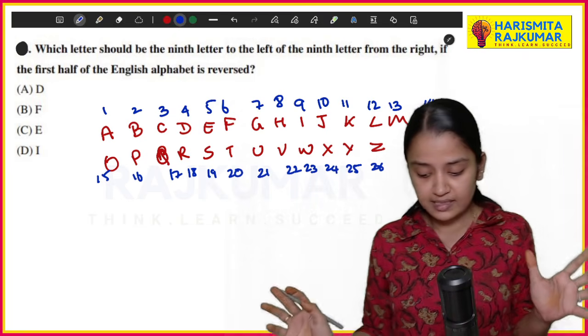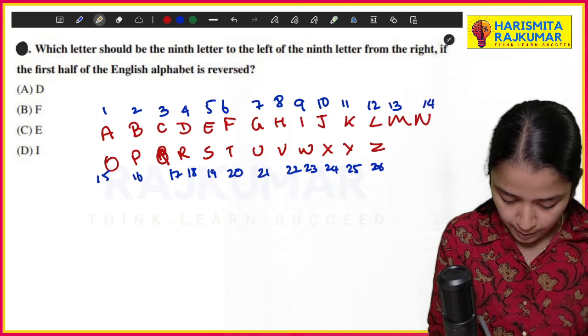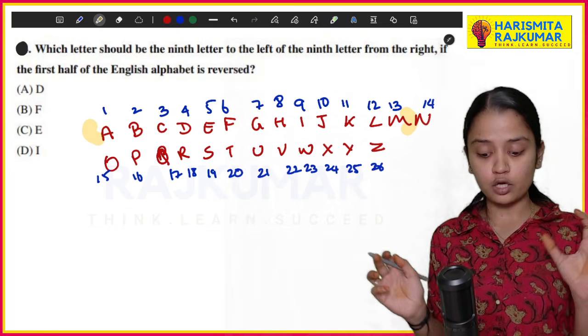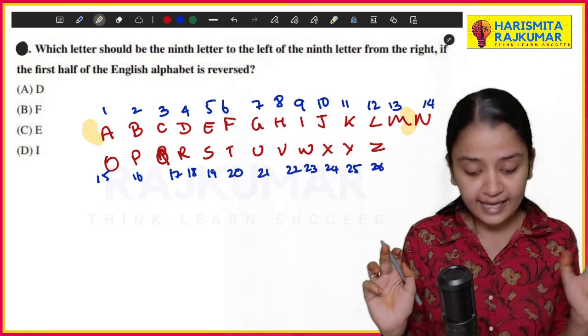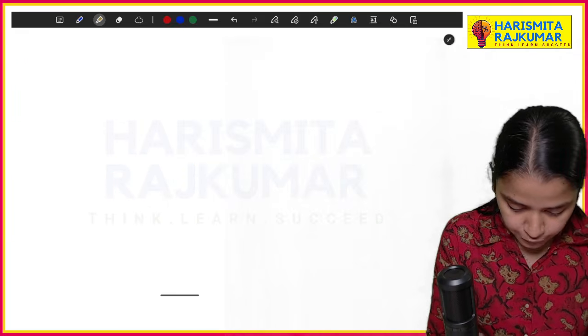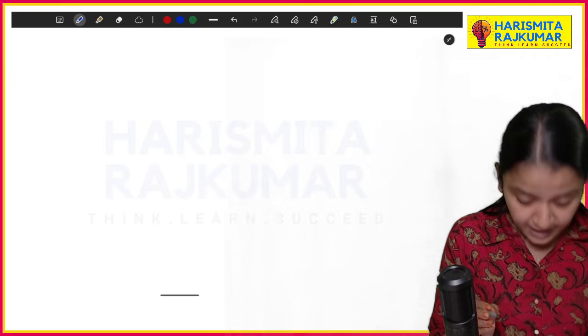So there are 26 letters, which means from A till M, the letters are reversed. The first half of the English alphabet is reversed, which means I have to write from M reversed.